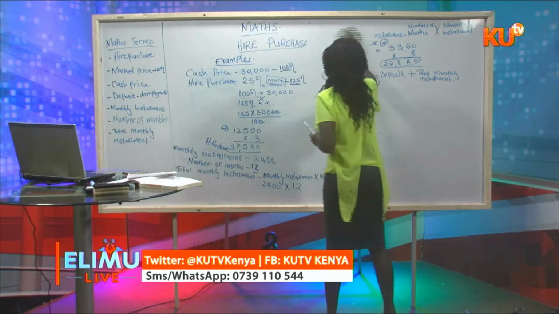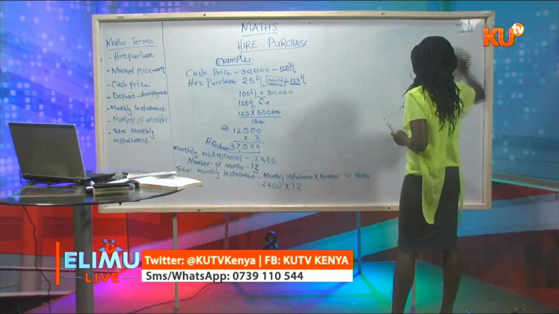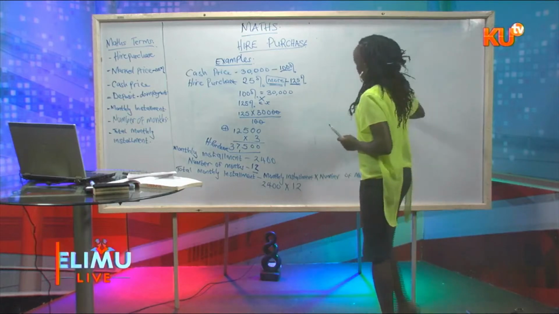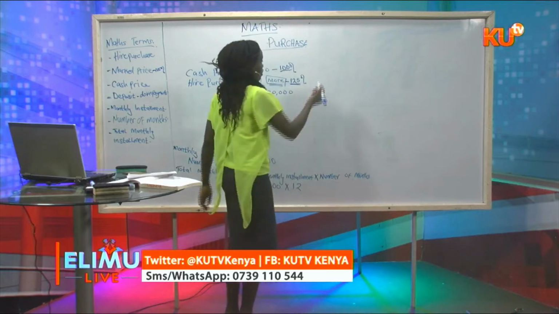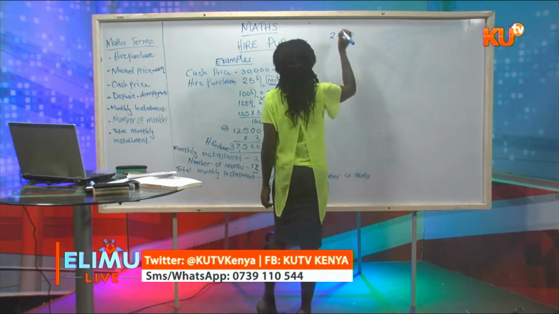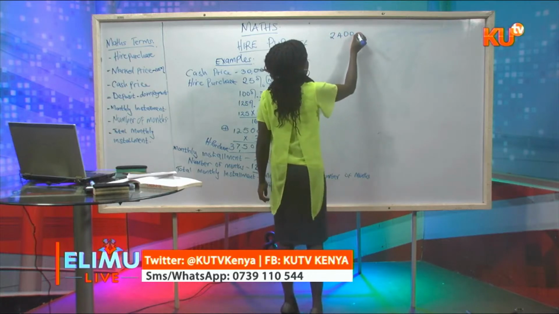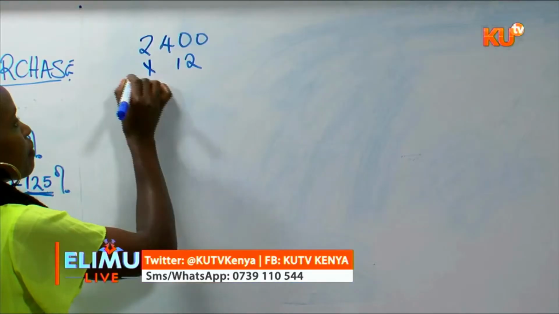We calculate now to see how much this person paid by the end of the 12 months. So 2,400 times 12.